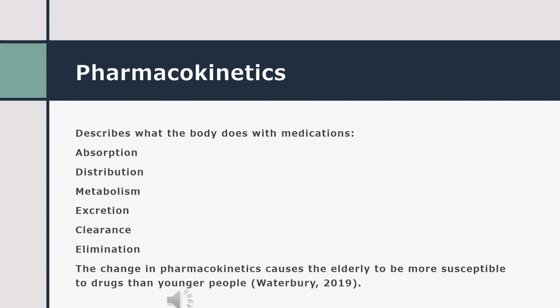And also with excretion via the kidneys and clearance and elimination, their kidneys are not working as well as they used to, and therefore their body is not clearing the drugs as quickly as it used to. So these are very important considerations for an elderly client, because usually their medication dosages have to be decreased based on these physiological changes.